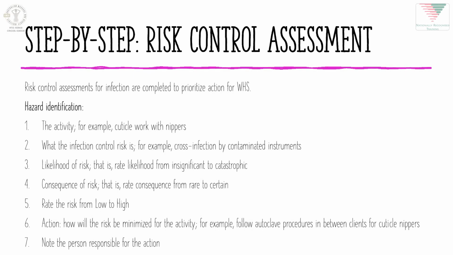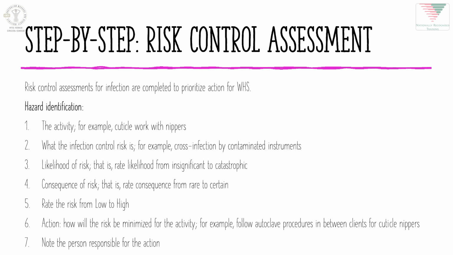Step-by-step risk control assessment. Risk control assessments for infection are completed to prioritize action for WHS. Hazard identification. 1. The activity, for example, cuticle work with nippers. 2. What the infection control risk is, for example, cross-infection by contaminated instruments. 3.